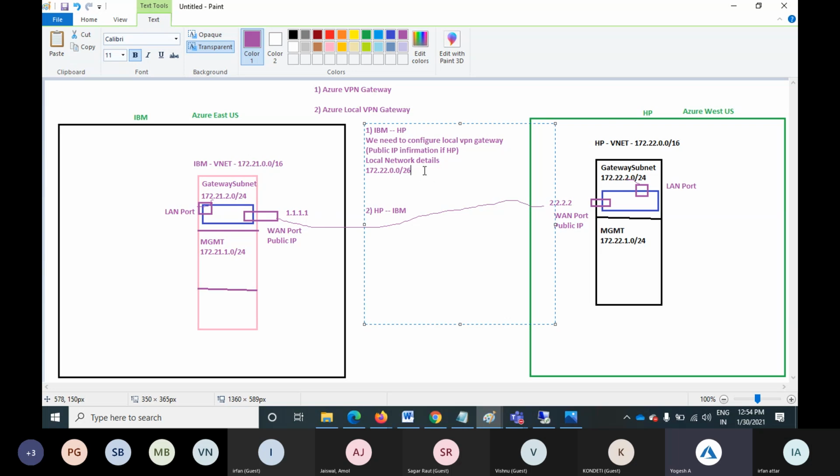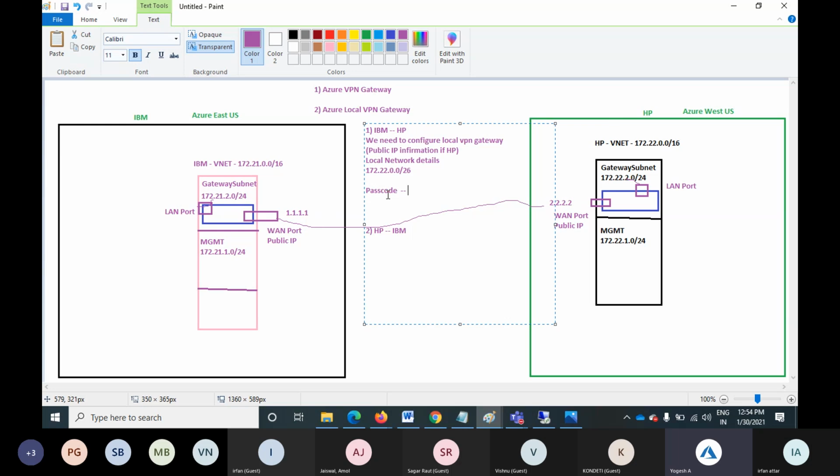So this is the local VPN gateway, and again we would require some passcode. The passcode is nothing but a password, a pre-shared key, and that pre-shared key should be the same in both connections because we are going to deploy two connections, IBM to HP and HP to IBM.